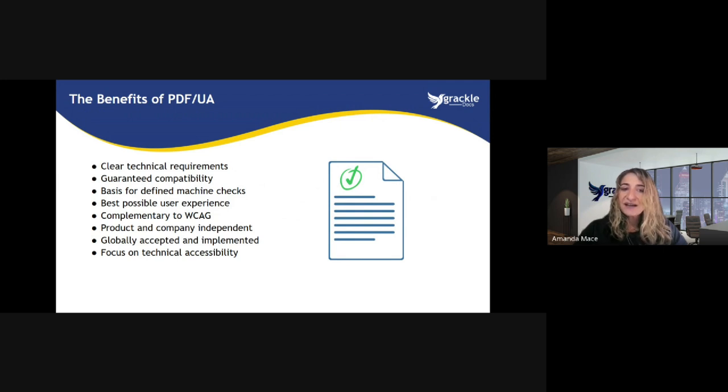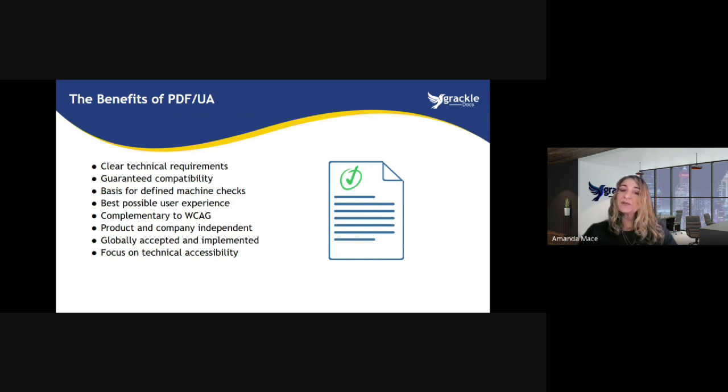So I know this is a recurring theme, but it's worth repeating myself, right? It's too critical to not emphasize that these two things can work together and they should work together. It is no good making a PDF UA compliant if your color contrast is terrible, right? Because you're still leaving people out, right?